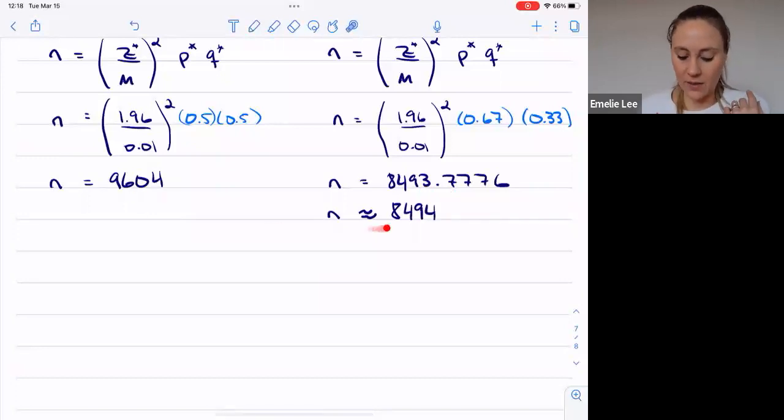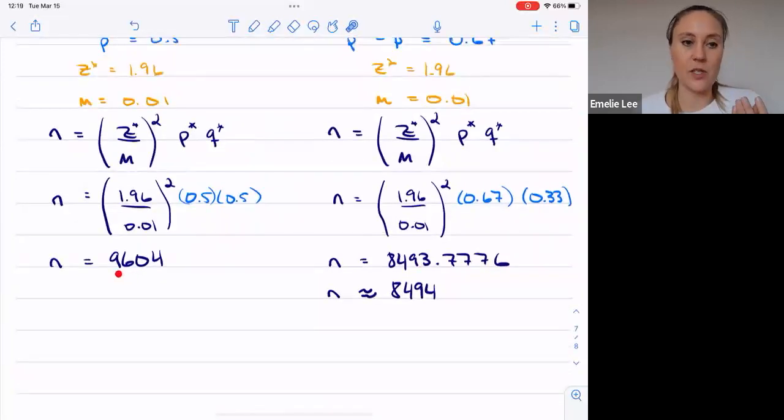If you compare these values, if you wanted to be really certain, so use that conservative approach, then you would have to find a slightly larger sample size. But once you're in these thousands, the difference between these two is not huge. So you may as well collect the full 9604 just to be on the safe side.